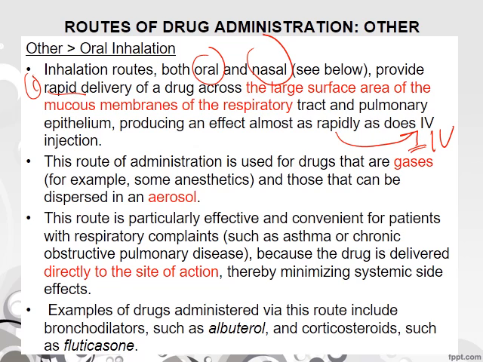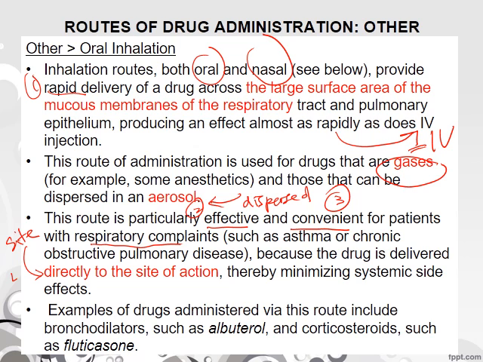This route of administration is usually used for drugs that are gases, or that can be dispersed in an aerosol. It is particularly effective. The second advantage is that it is very convenient for patients with respiratory complaints, because the drug can be delivered directly to the site of action.